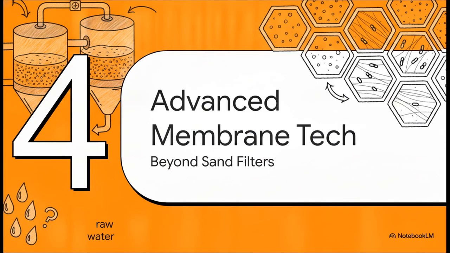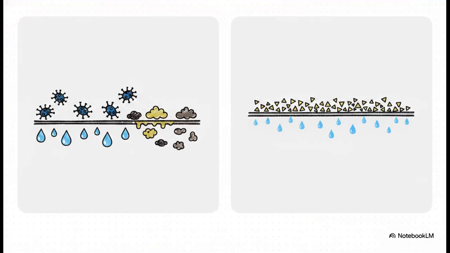Let's transition to Phase 4, Advanced Membrane Tech. While traditional sand filters are genuinely remarkable, modern water demands often require even finer filtration. Enter membrane separation. This process essentially forces pre-treated water through a highly specialized barrier under intense pressure. Ultrafiltration, for instance, acts as a microscopic sieve with a porous membrane perfectly sized to rip out larger particles, bacteria, and viruses.